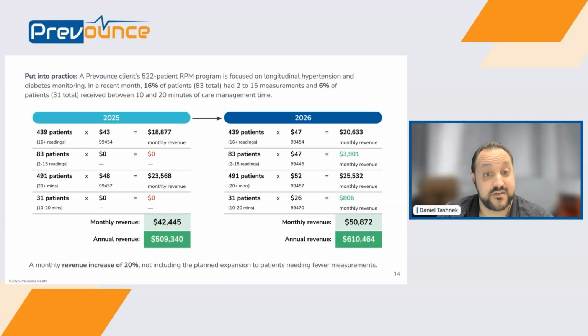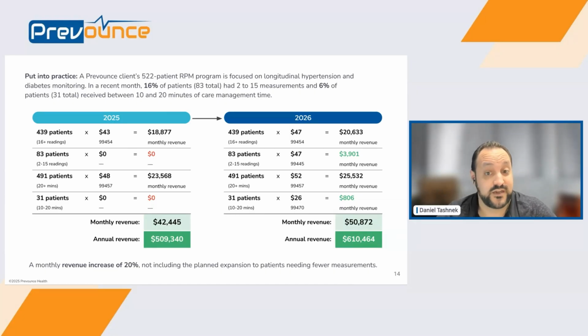This is a comparison that we did for one of our clients. It's a 522 patient RPM program that is doing longitudinal hypertension and diabetes monitoring. So we wanted to see, without anything changed, how would this affect a running program at the end of this year? Actually, this is probably the middle of this year, with no changes to workflow.